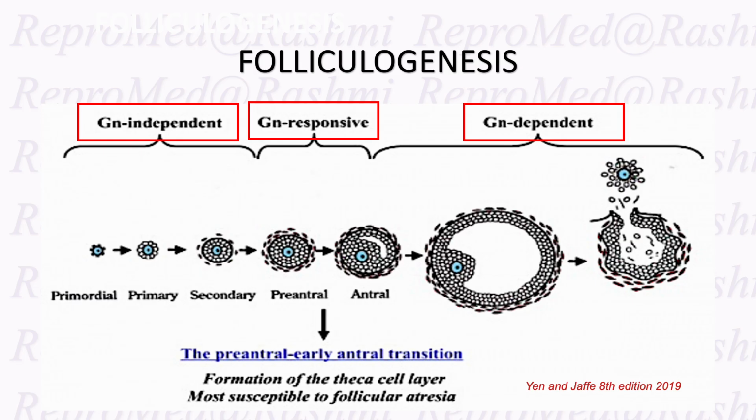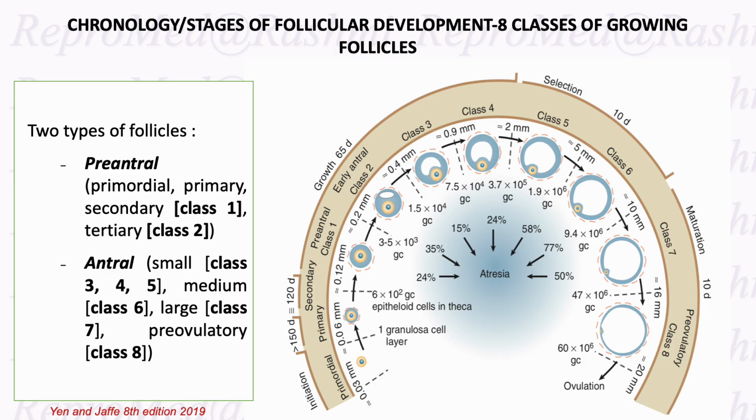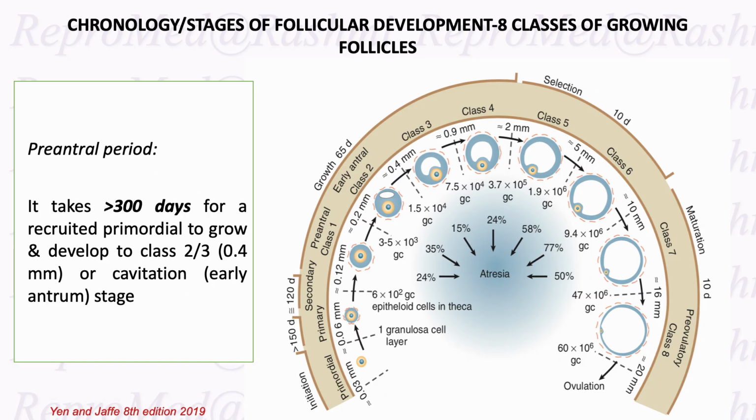The gonadotropin dependent phase starts once antrum formation starts happening. There are 8 classes of growing follicles, broadly divided into 2: pre-antral, before the antrum formation; and antral, after the antrum formation. It takes more than 300 days for a recruited primordial follicle to grow and develop into a class 2 or 3 or cavitation stage follicle.